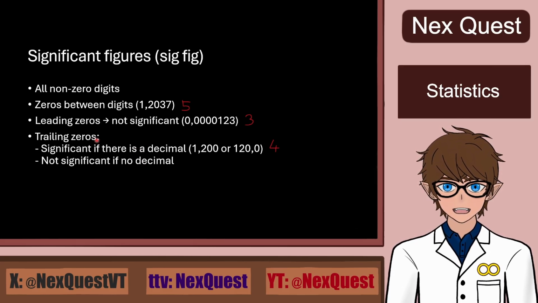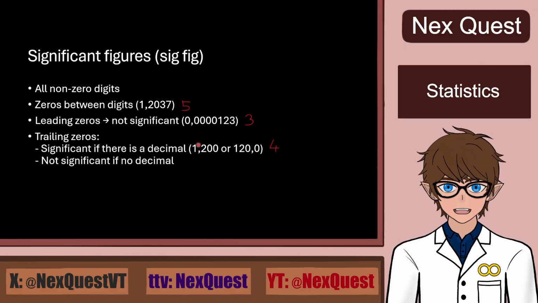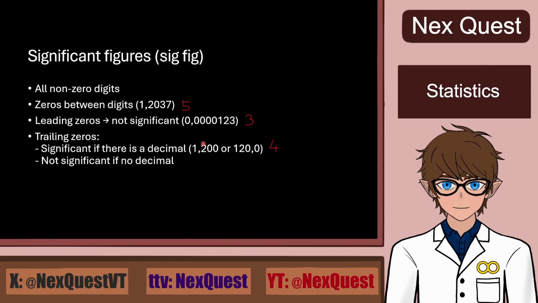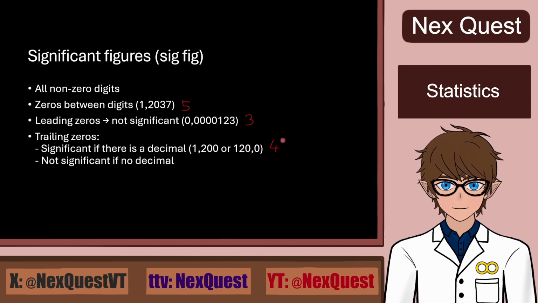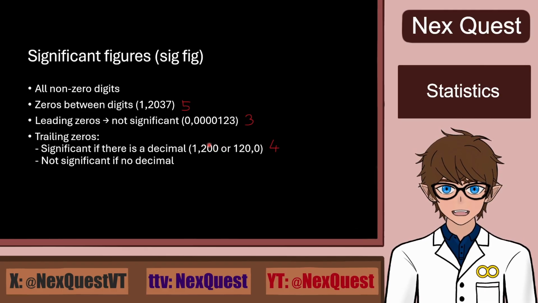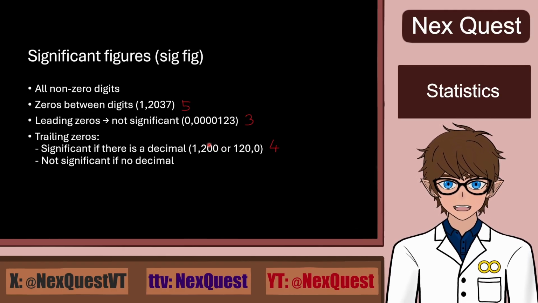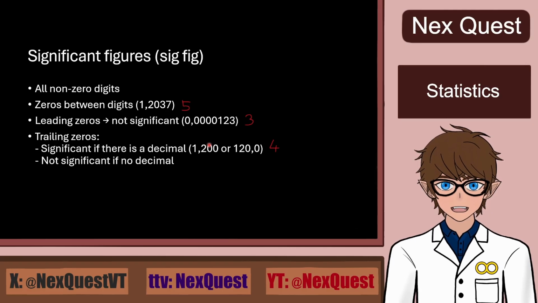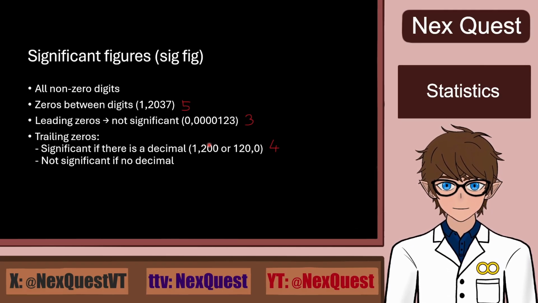Here we have another split. First option is that the zeros are in the decimal place, like here. In 1.200 or 120.0, we both have 4 sig figs, because if it's in the decimal place, it is significant. Think of it this way: when you have a whole number, you write it out all the way to 0.